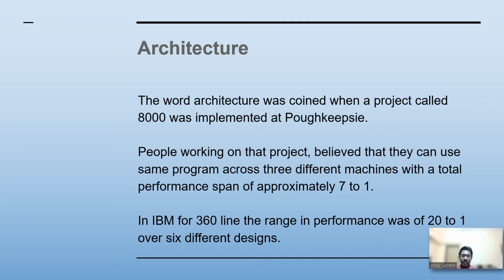The people working on the project believed that they could use the same program across three different machines. This is something most companies try to do, implementing the same thing in different projects. It's not only done in this field but in the automobile industry also.